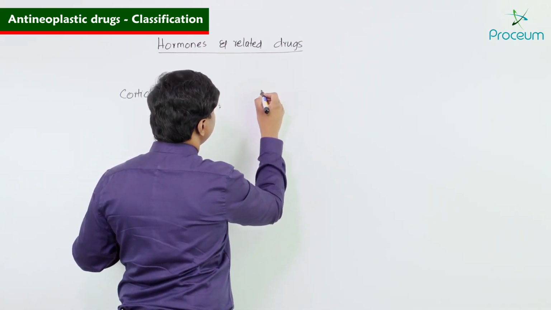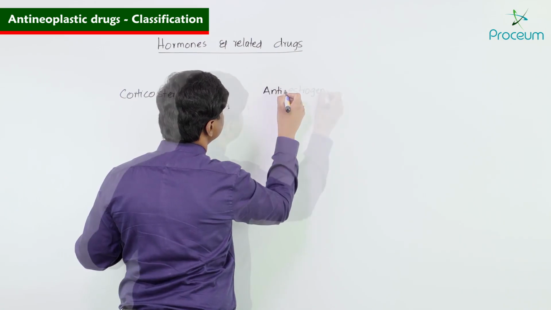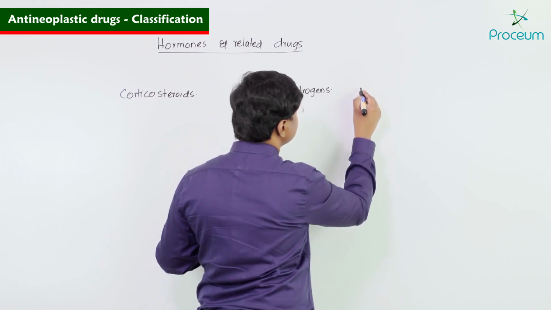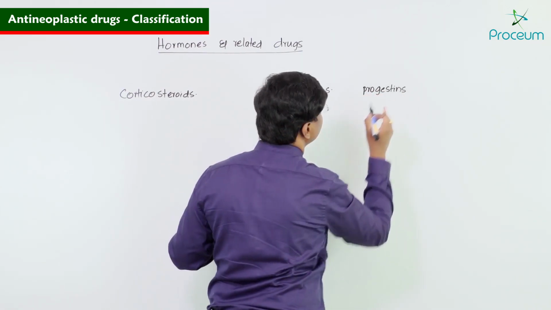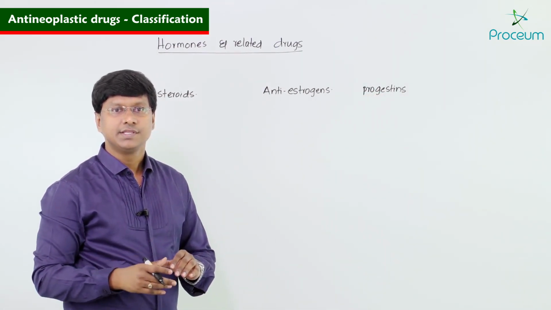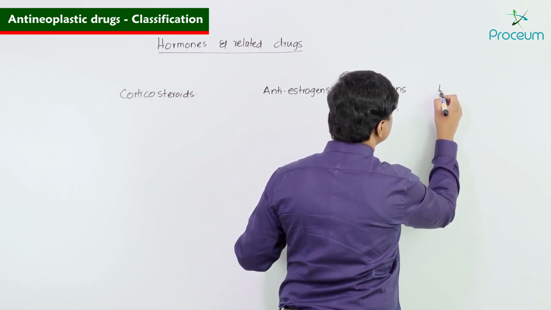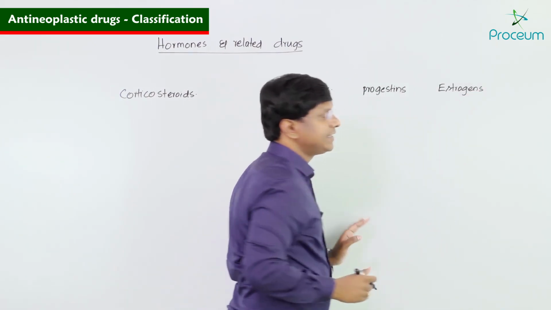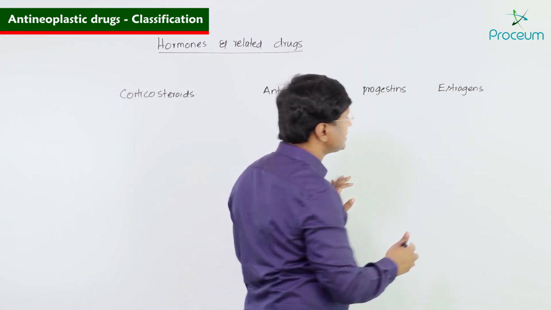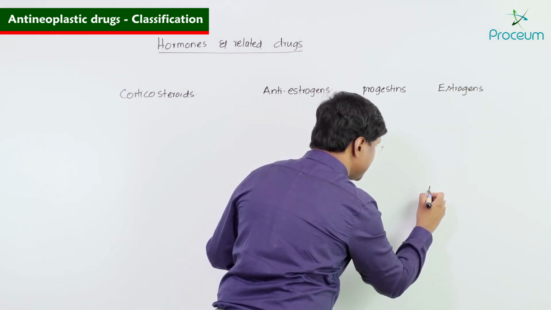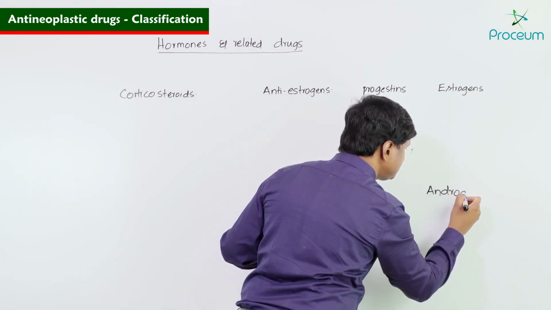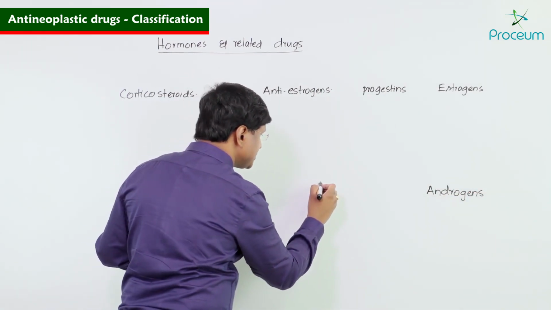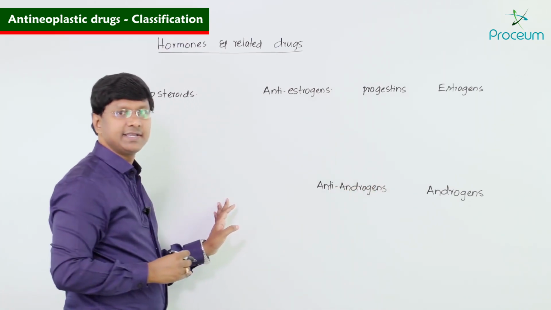Then you have anti-estrogens, then progestins, then estrogens, and next you have the other groups, that is androgens, and then anti-androgens.